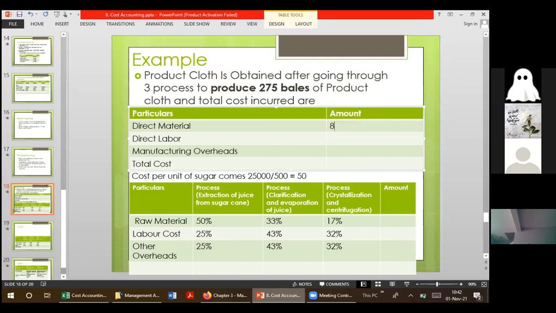Let's take different amounts. Material consumed 80,000. Direct labor 130,000. Manufacturing overheads 65,000.